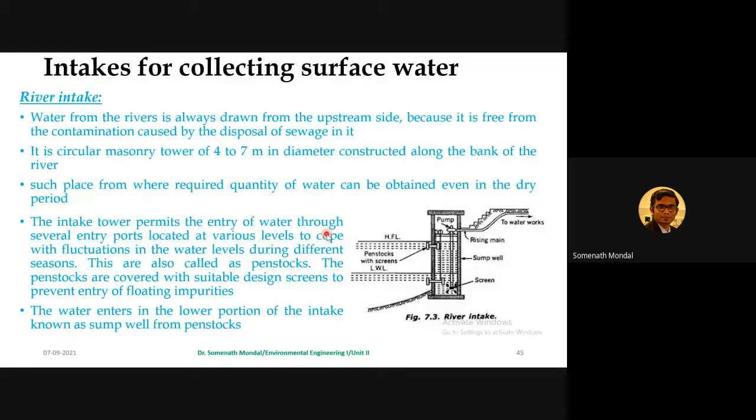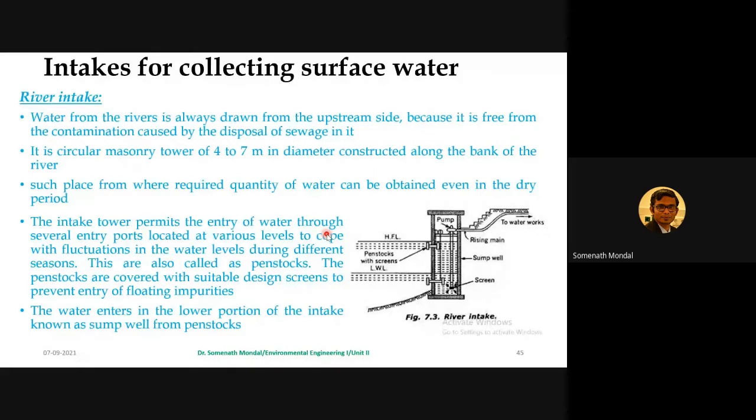Usually, the water from rivers is always drawn from the upstream side because it is free from contamination caused by the disposal of sewage in it. And it should always be kept in mind that we need to collect the water through our river intake from the top level of the water.